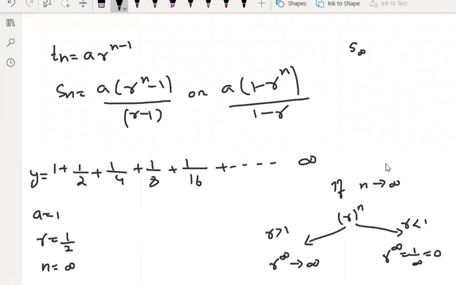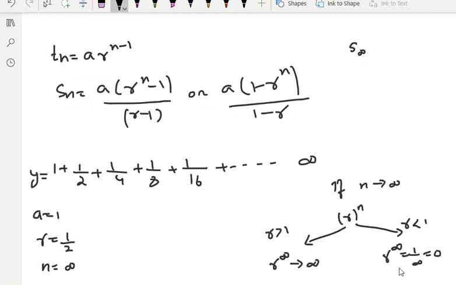Because if R is less than 1, then R to the power infinity tends to 0. It becomes smaller and smaller, like 1 by 2, 1 by 4, 1 by 8, 1 by 16, so there will be a point at which it is almost 0.